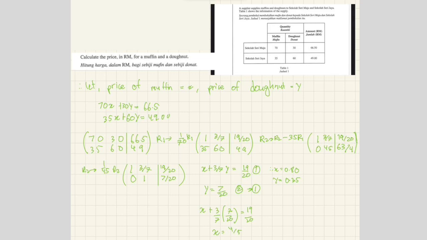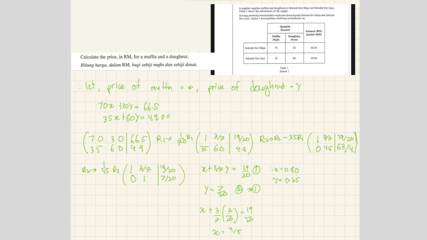Then we convert the equations into a matrix and we can change it into the RE form. So first, we reduce row 1 by multiplying it by 1 over 70, so we can change 70 into 1. And then for row 2, we need to make sure the space below 1 is 0, so we change row 2 by subtracting 35 times row 1 from it.